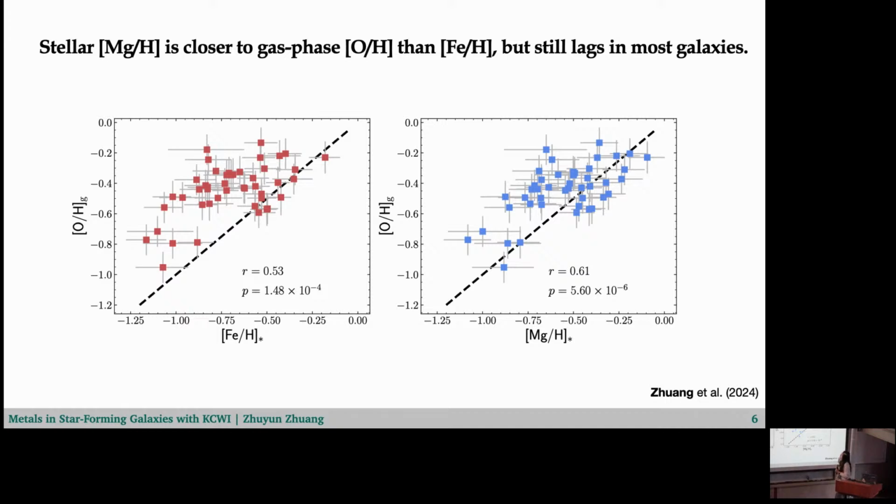Another thing I want to point out is that most of the galaxies in our sample have higher oxygen abundance. This is very interesting because oxygen reflects the chemical enrichment of massive stars that just formed out of the ISM. While on the other hand, magnesium, measured from the rest frame optical, reflects the chemical enrichment of lower mass stars that formed at an earlier epoch.